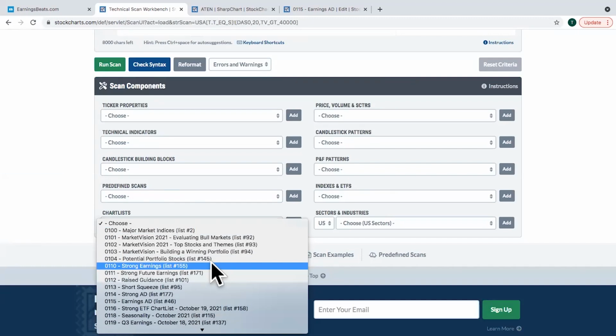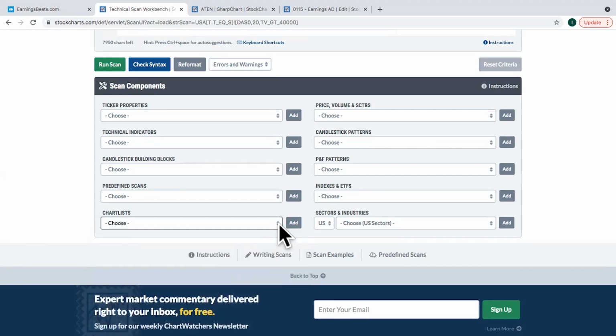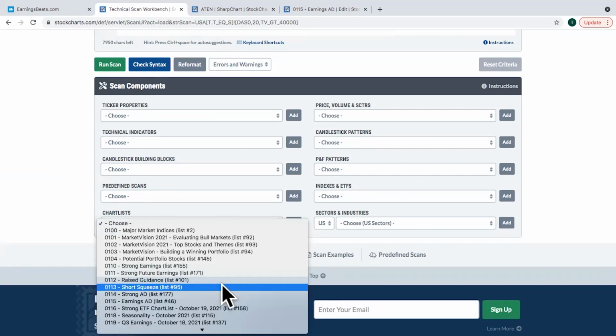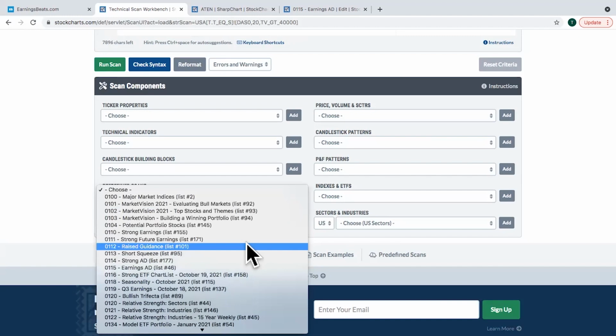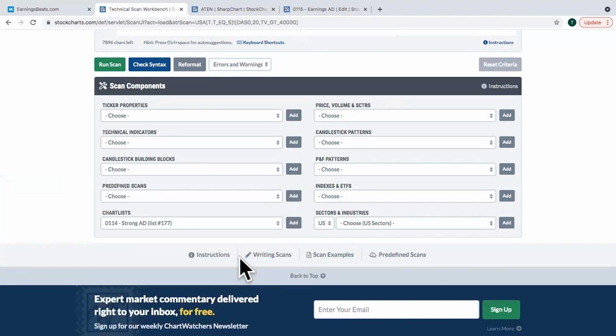So let's say you wanted to know all the companies that have strong earnings, all the companies that have strong or raised guidance. So they have strong earnings, they also raised guidance. And then let's say they have a strong AD line. So signs of accumulation. And so we can add that.